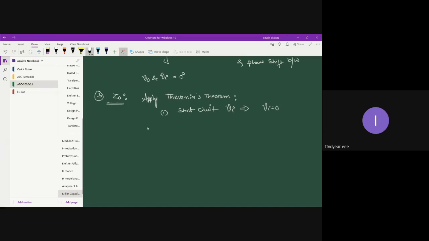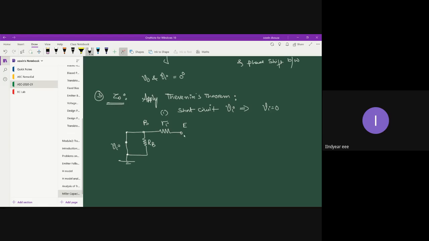So I will apply Thevenin's theorem. On the input side, I'm going to create a short circuit. This is my ground, and this is where my Vi used to be. Then you will have your base terminal, across which you will find your base resistor RB, and then your input resistance Ri, which later gets connected to the emitter terminal.